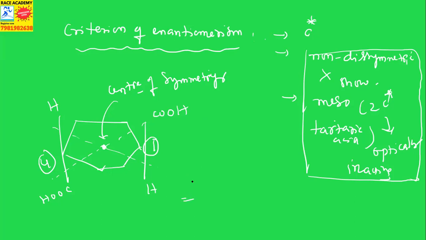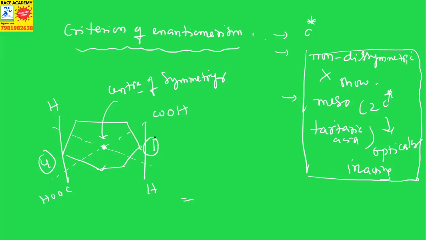Non-dissymmetric compounds exhibit no enantiomerism. So this trans-cyclohexane 1,4-dicarboxylic acid has asymmetric carbons, and it has a center of symmetry, indicated by the dotted lines.